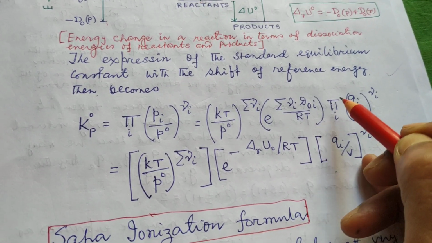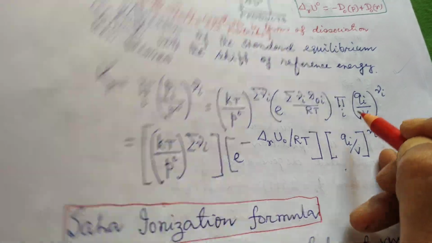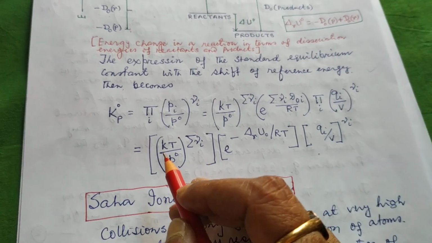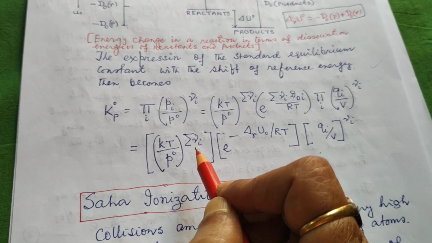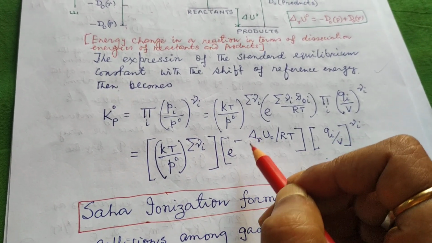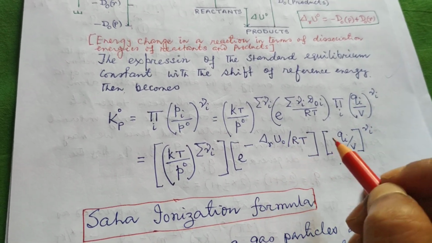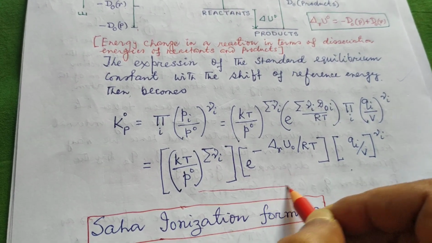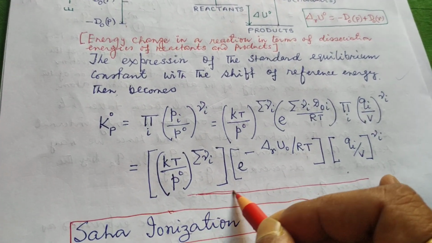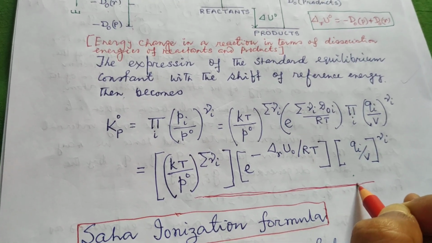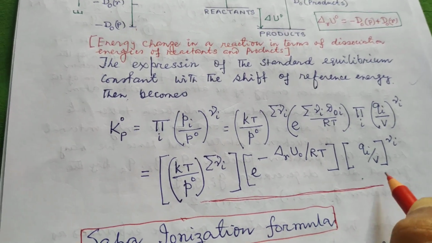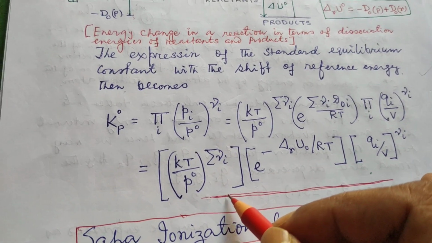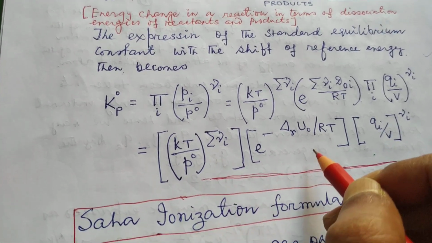This is times the product of (Qi by V) to the power nu i. Now this becomes (kT by P0) to the power sum of nu i, times e to the power minus delta U0 by RT, times the product of (Qi by V) to the power nu i. So this is the expression for the standard equilibrium constant of a reaction involving ideal gases.